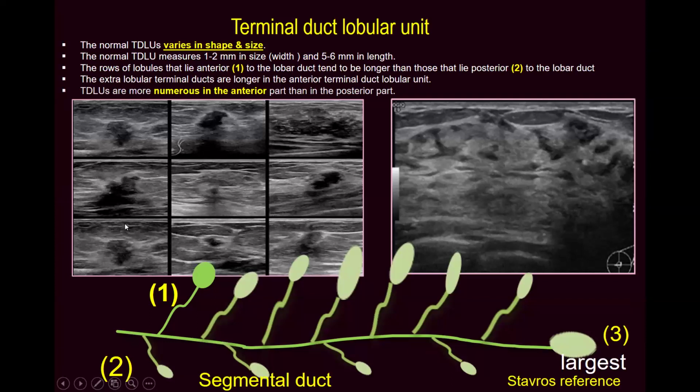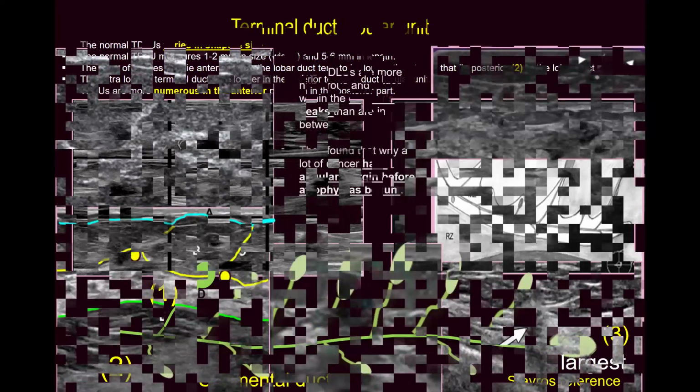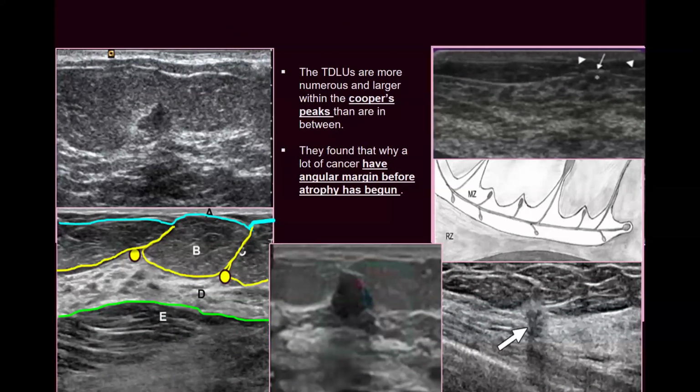And if you look at this example from the literature, also look at the lesions. Most of the lesions are anterior. Okay? So that is why, because the TDLUs are more numerous anteriorly and more numerous at the periphery of the mammary zone.